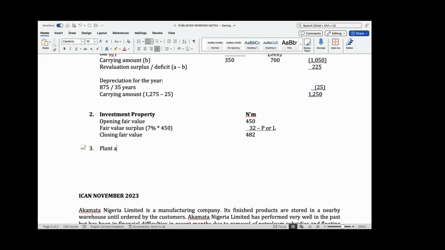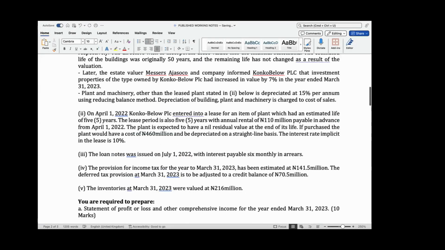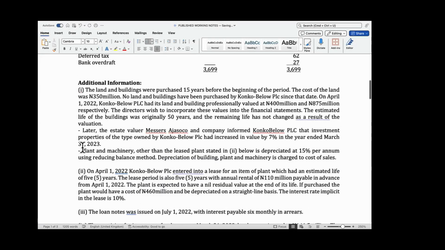Sir, I don't know why you change it. Let me read this again: plant and machinery is to be depreciated at 15% per annum using reducing balance. Yes, they say we're using reducing balance.